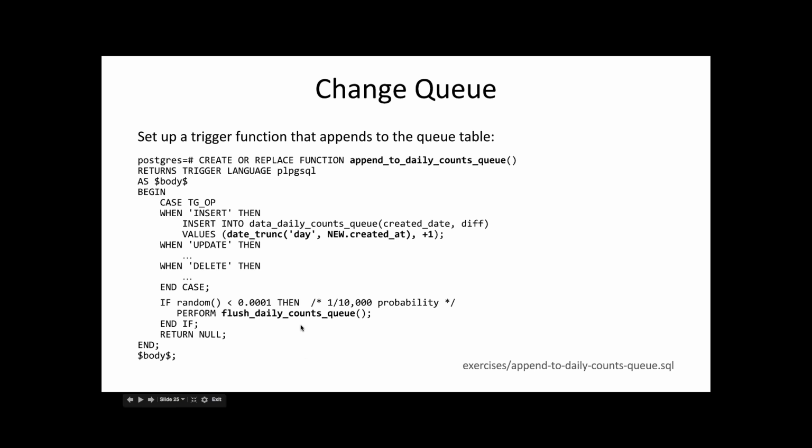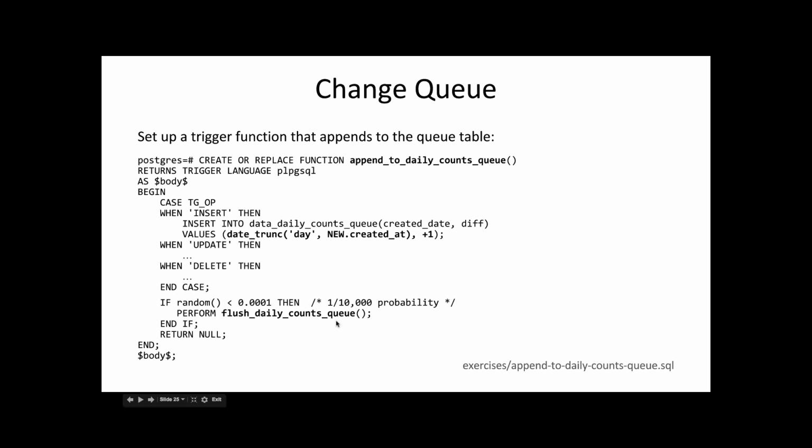So without having to keep any state on how big the queue actually is, it keeps the queue within a certain size on average, like between 0 and 10,000 more or less. Then we'll call the function to flush, and that does mean that once in a while an insert into the data table will take slightly more time, because it also does the flush work.